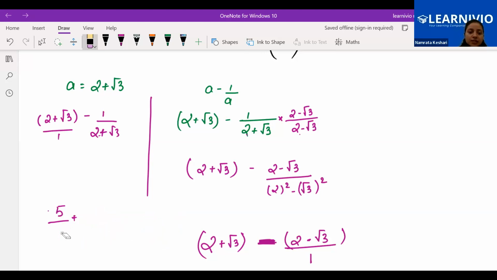LCM will be the LCM of this denominator, that will be 2 plus root 3 only. Yes or no? Yes, this is the other method.